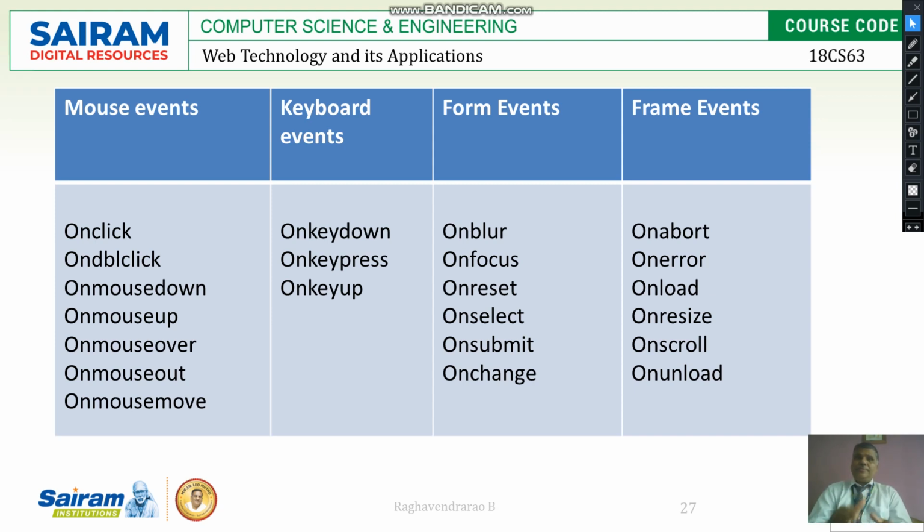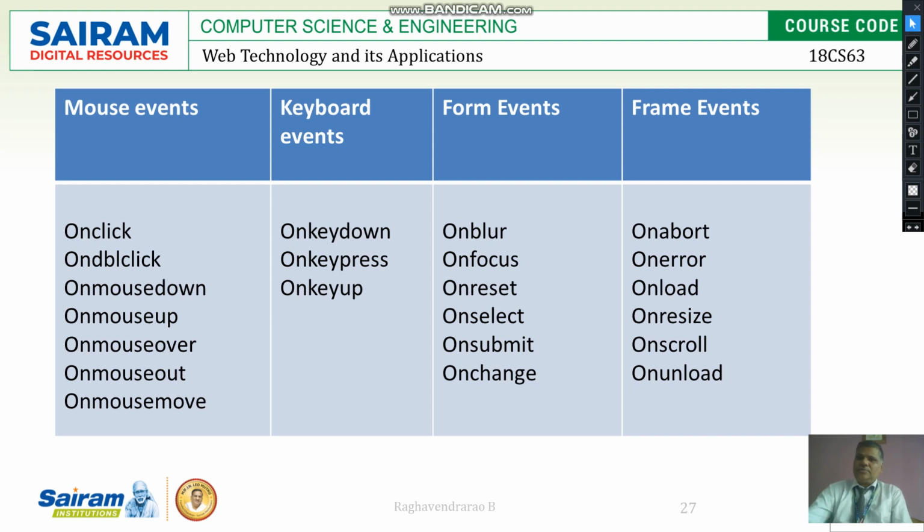Okay, so I am going to show you how this is going to work. And in the class example, I have already executed those programs in the Google Classroom. Okay, keyboard events are on key down. That's what I said.